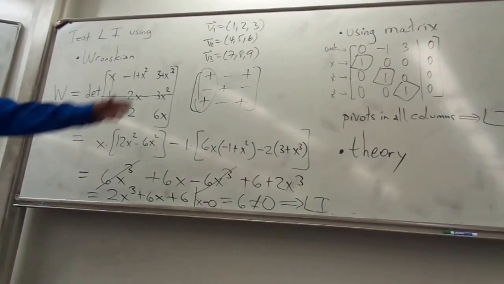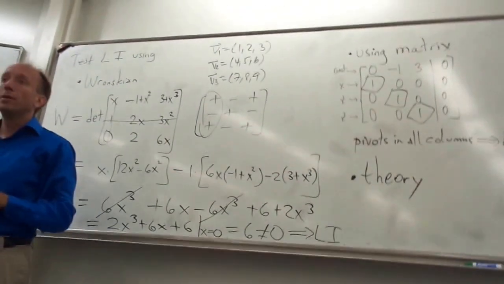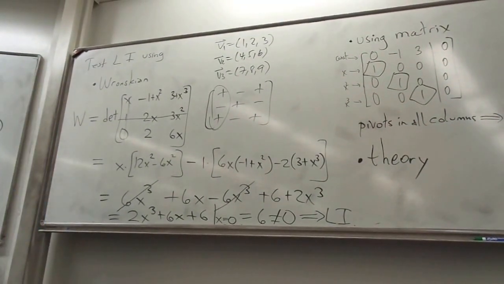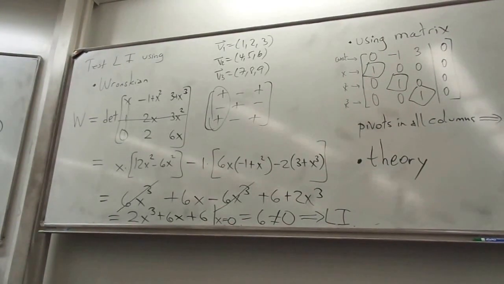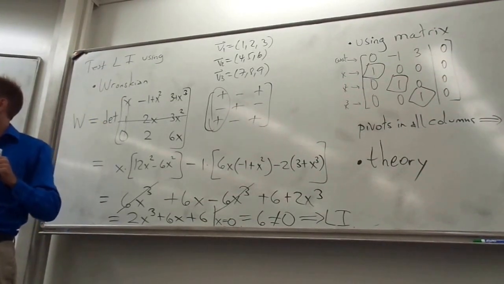Because if you take the determinant of that 3 by 3 matrix, you will get 0. Okay, so be careful. It doesn't have to be that one vector is a multiple of another to say that they could be LD. They could still be LD even in this kind of situation.